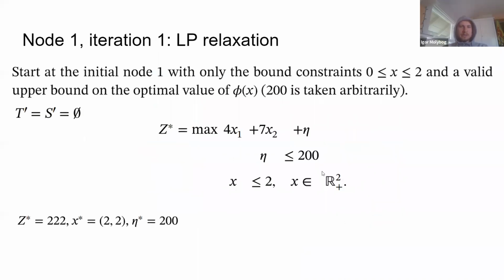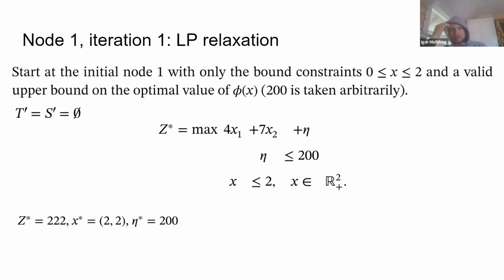So we will start by producing an initial node number 1. Start at the initial node with only 1 bound for the constraints on x, and a valid upper bound on the optimal value of φ(x), just so that we do not actually get infinite values.